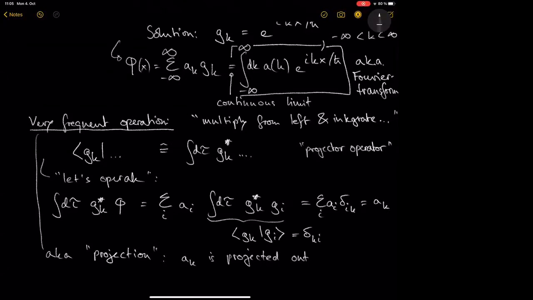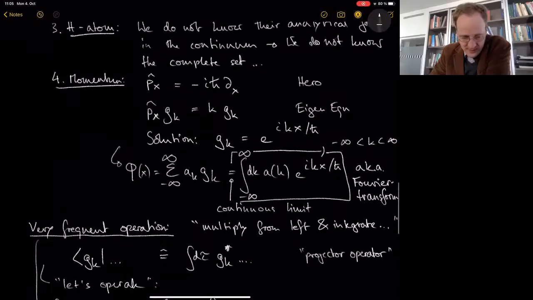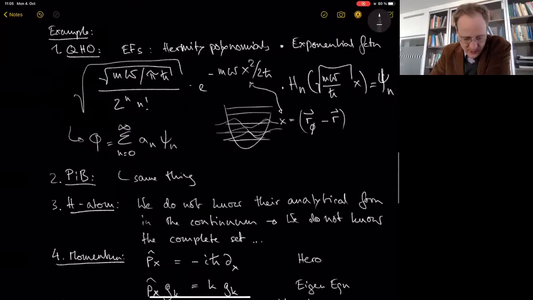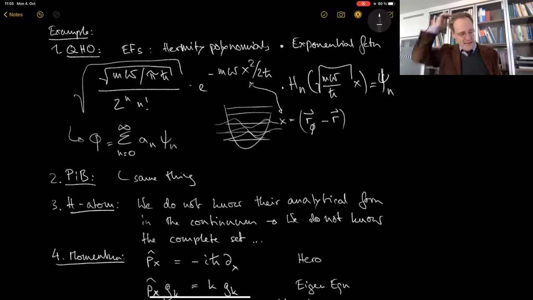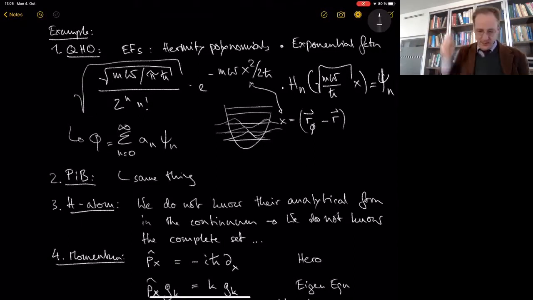Sorry, I just want to ask what you meant with particle in the box, and then you said the same. You can also write the eigenfunctions of the particle in the box. You can write again any function.